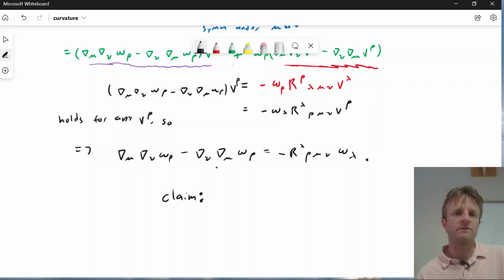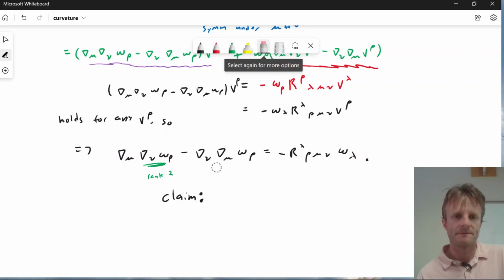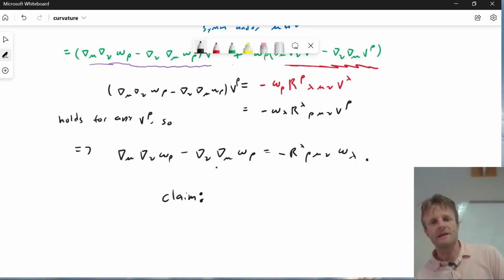So you should think of the whole thing, ∇_ν V^ρ, as a rank 2 tensor. You can't think of ∇_ν as its own rank 1 tensor. That's a slight ambiguity of the notation that you get used to.